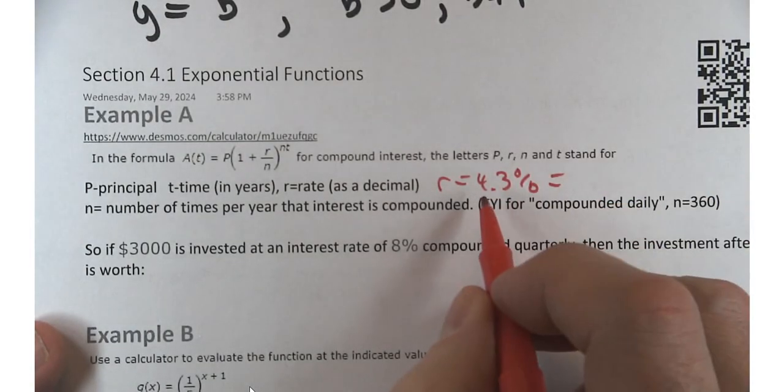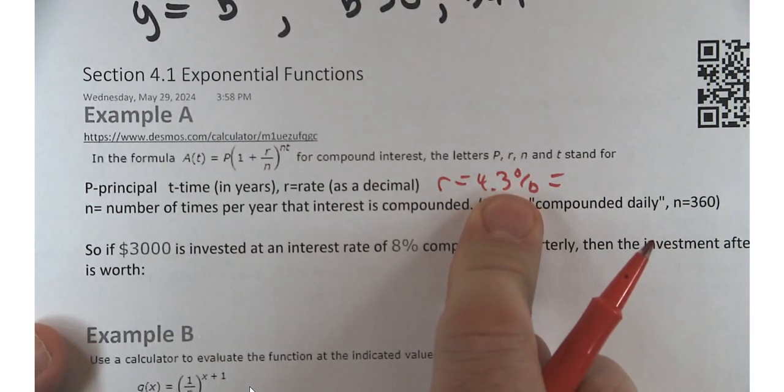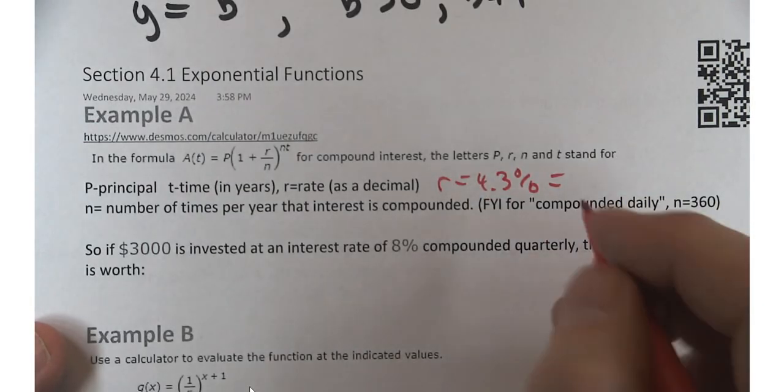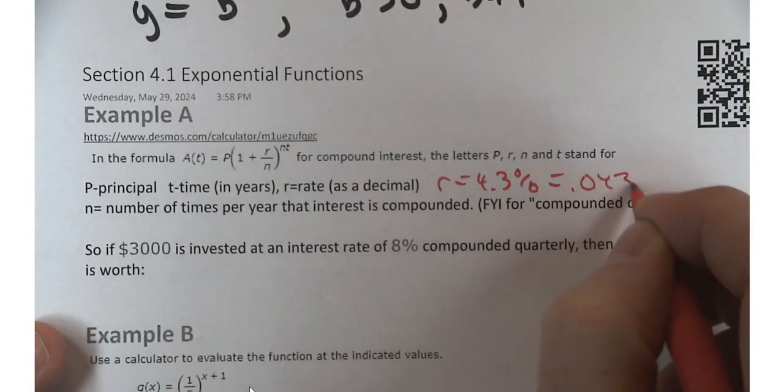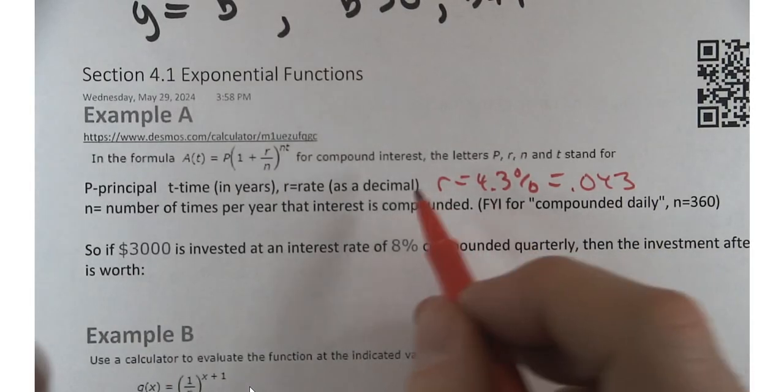If you leave it as 4.3 and put it in this formula, you're really telling your formula that you have 430% interest. If you have a place where you can get 430% interest and it's legitimate, share it with me and I'll give you extra credit. Share it with everybody. But you have to write that as a decimal. So 0.043. Make sure you move that 2 places to the left.